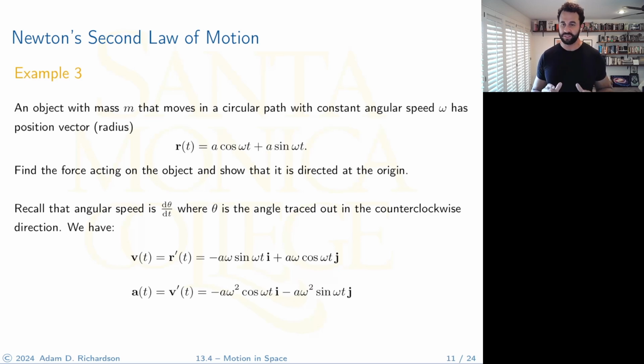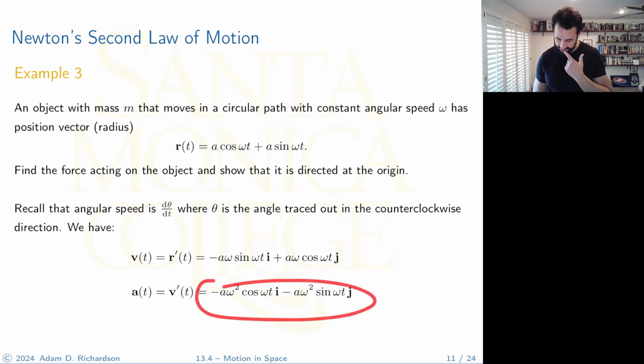You may not remember this, but this is a good time to remind you. Angular speed is d theta dt. So the way that I remember this is that angular speed is literally change in the angle versus change in time. So it's basically how fast the angle is changing, aka angular speed. That's the way I always remember it.